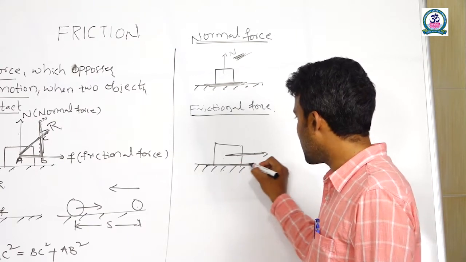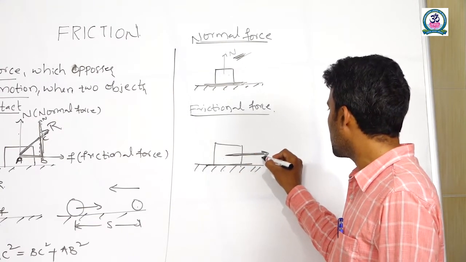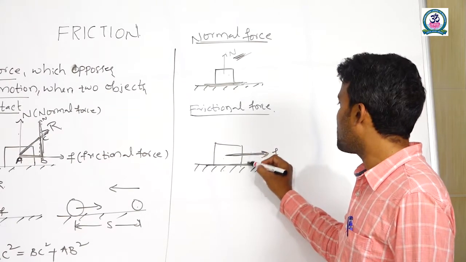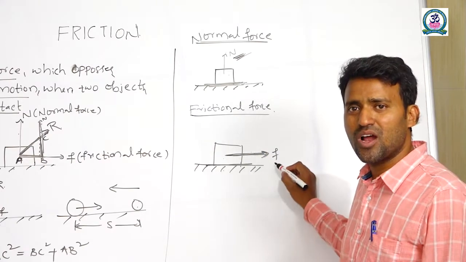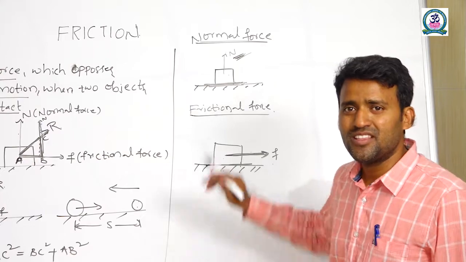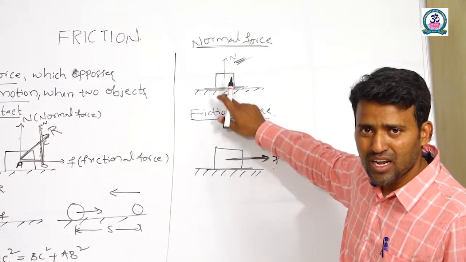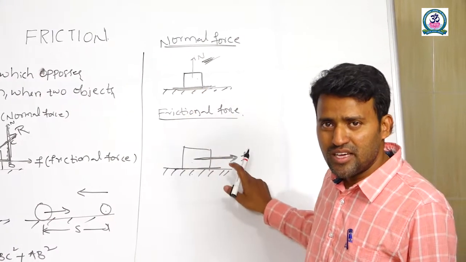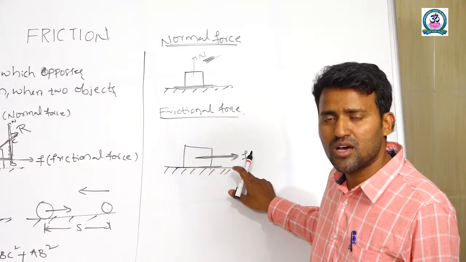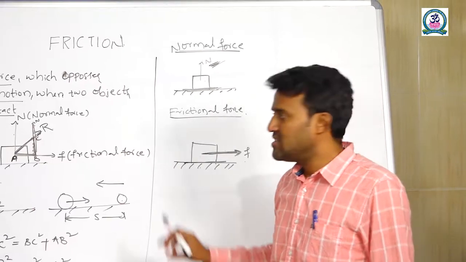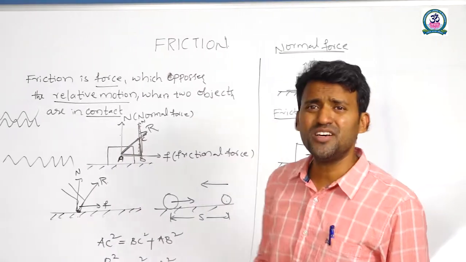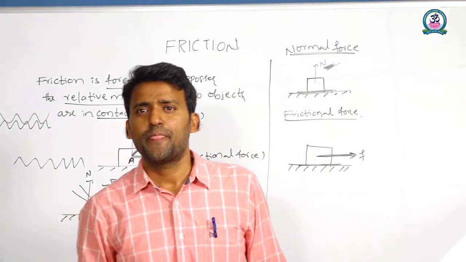See here, the plane of contact is here, and the force that exists is this one. These two are parallel to each other, so this is called a frictional force. In these two definitions, the normal force is perpendicular to the plane of contact, and the frictional force is parallel to the plane of contact. This is the introduction of the frictional force.